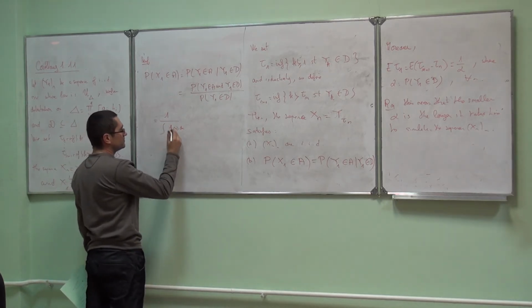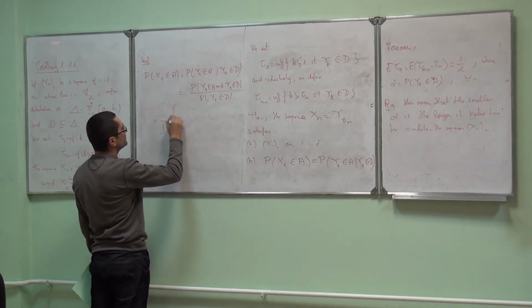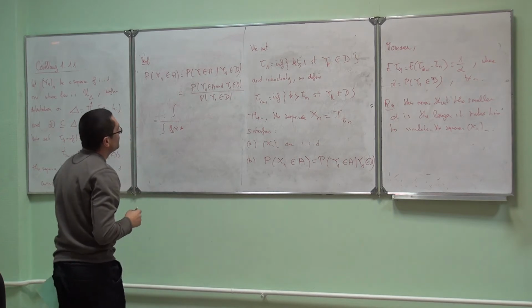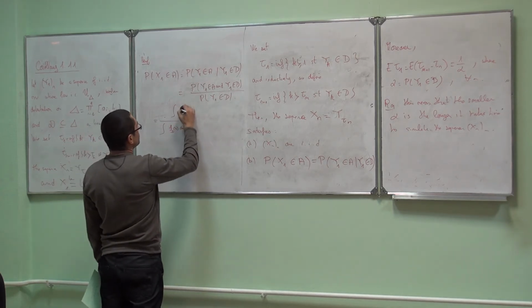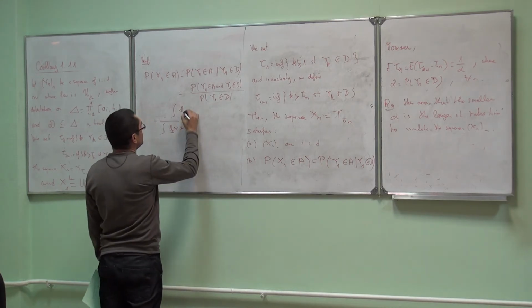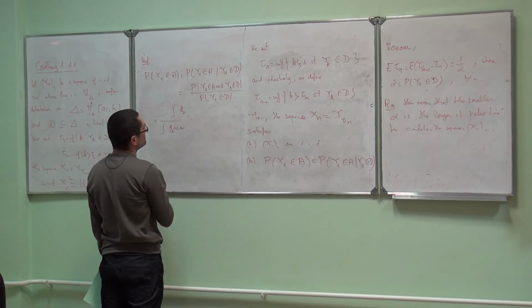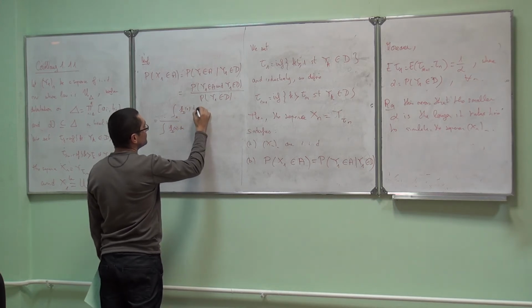So you can here just say this, and here you get the indicator function of D of x over A for the same reason.